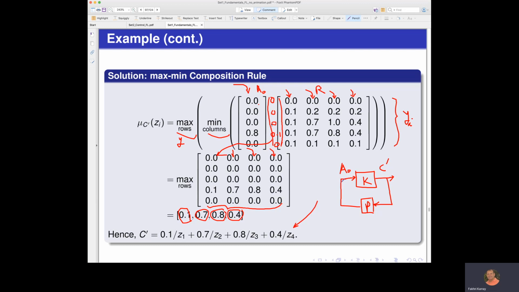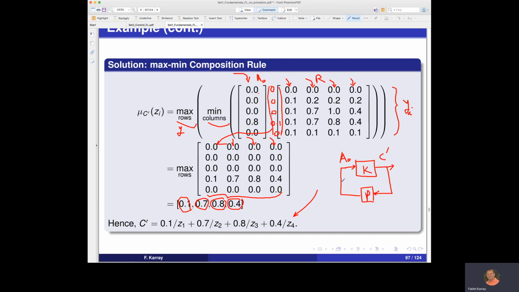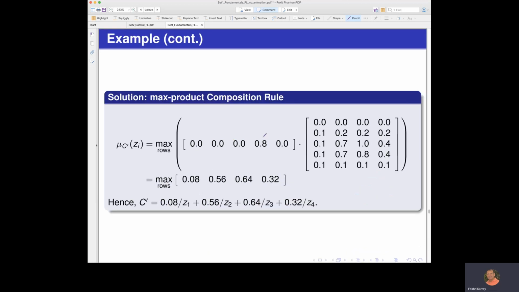Let's look at the max product of the composition rule of inference. For the max product, we have to change the representation of this particular element into this particular format. First of all, the vector now is in the row format and the matrix is in the row and column format. Why?